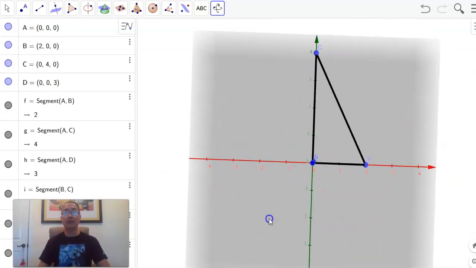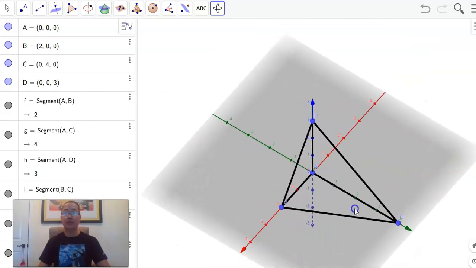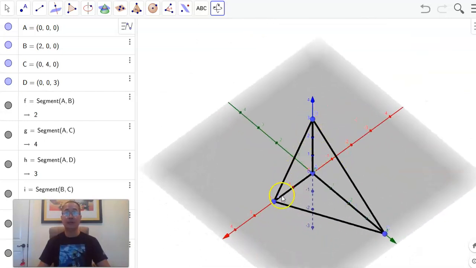We need to create our domain using this right triangle, and we need to find the equation of the plane formed by these 3 points. That will help us to set up the double integral, and after that it's downhill. All we have to do is apply Fubini's theorem to compute that double integral. So let's go back to Scientific Notebook.